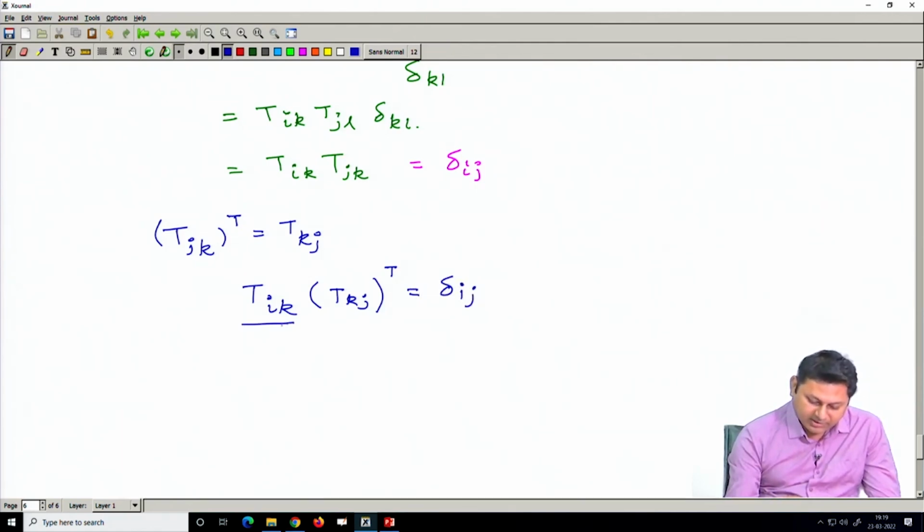Now this is a matrix element and this is a matrix element, with k sitting in between. So I can simply write that the matrix T times the transpose of that, these transformation matrices, should be equal to unity.